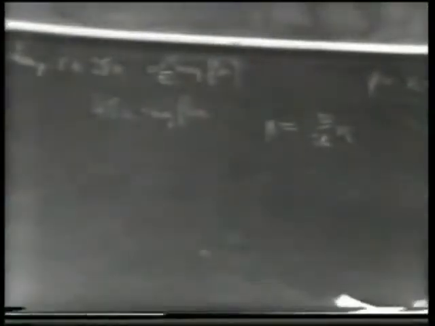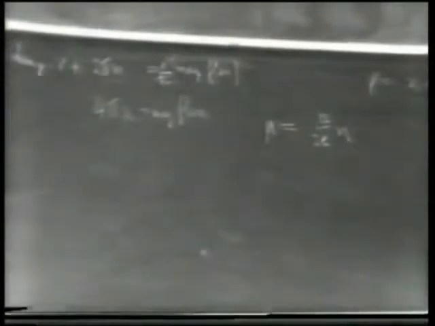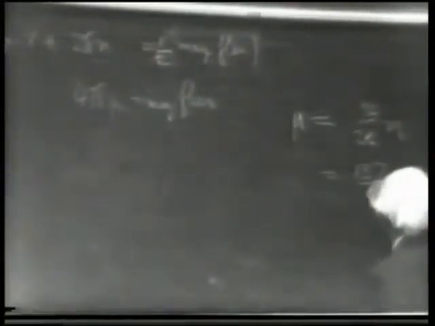I've got the h in the wrong place here. Using this numerical relationship, we get 137 over 2 e n.